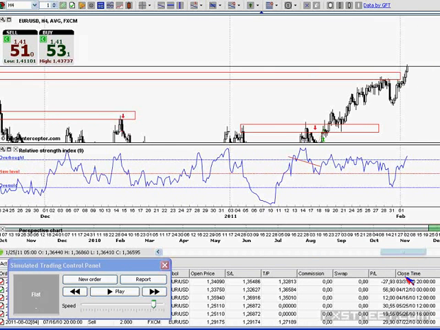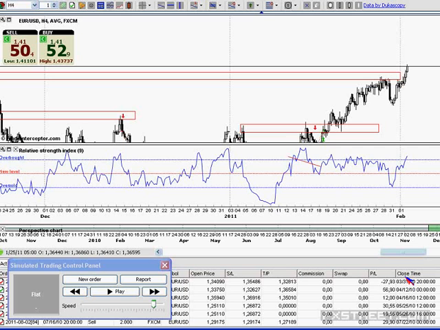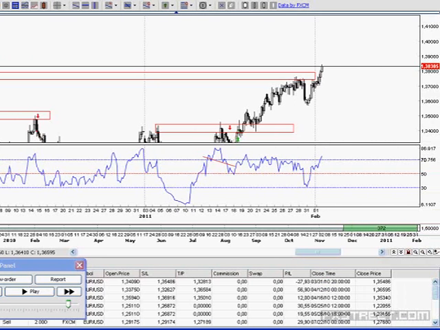Initially, what we wanted to show is the fact that besides the confluence of technical arguments, our approach when backtesting and when accumulating statistical evidence is to go the other way around.